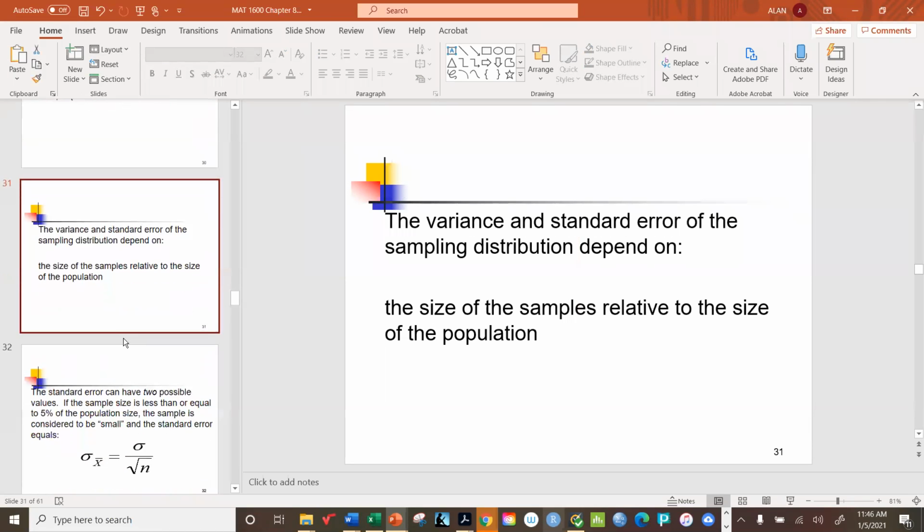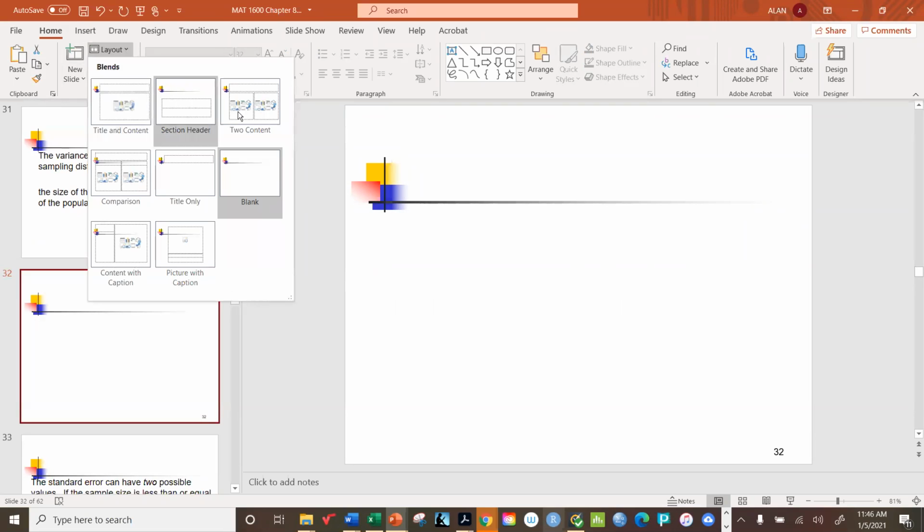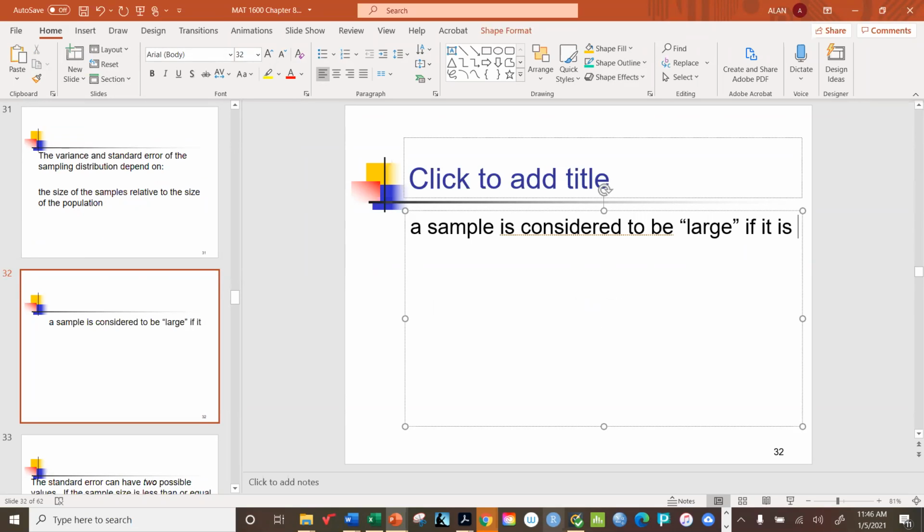If we have a small population, then we could actually have a relatively large sample. So the way we define this is as follows. A sample is considered to be large in this chapter if it represents more than 5% of the total population.